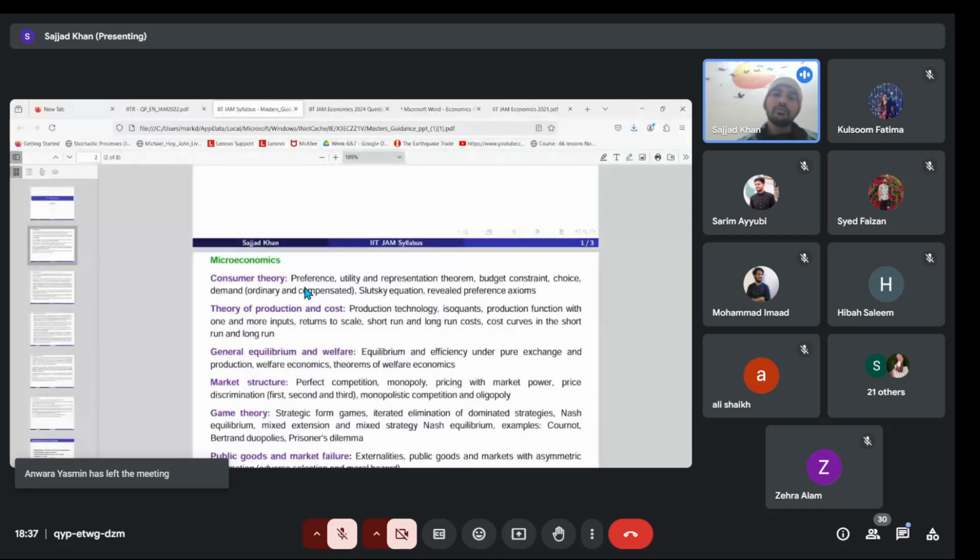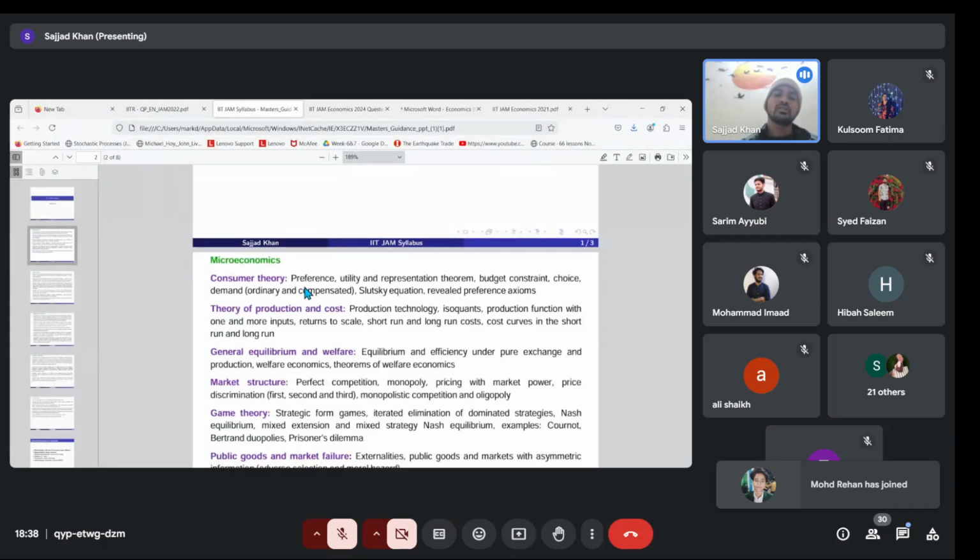We have to get knowledge about all types of goods, what the indifference curve is for these goods. If you talk about substitute goods and complementary goods, what are the characteristics of their IC curves. We will also discuss the Leontief function, which is for complementary goods.